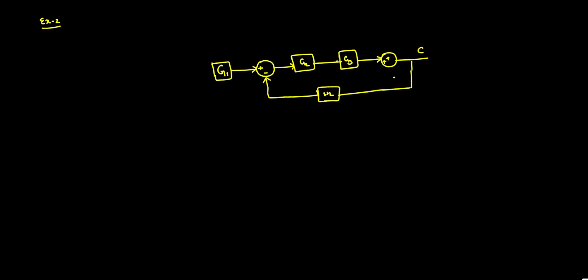To make it more complex, let me take one more feed forward path. This I'll name as G4, and this one I will add here. Okay, now from the mid of G2 and G3 I'll take one particular path. This one I am calling as H1.